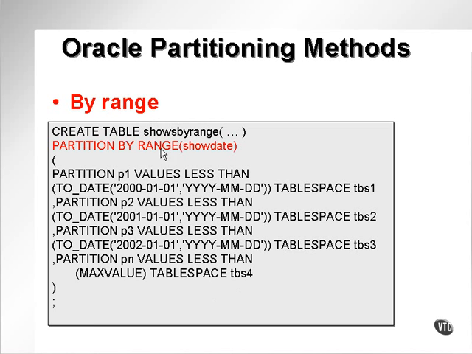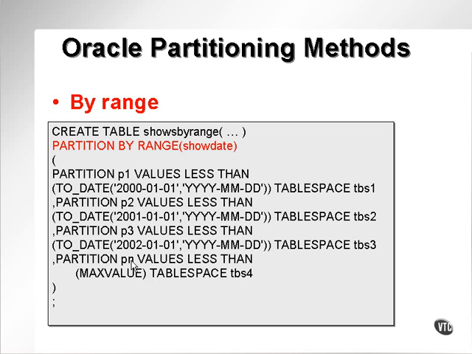So, very simply, create a range partition. You create a table. I've given it a name, shows, and you partition it by range based on a single or multiple column values. And here you can see I've actually got partition P1, values less than a certain date, goes in one table space, and then values less than another one, greater than this one, less than this one, go into P2, TBS2, etc., etc. The final partition asserts that all values up to the maximum value, in other words the highest value of show date in the table, go into the fourth partition, table space 4.